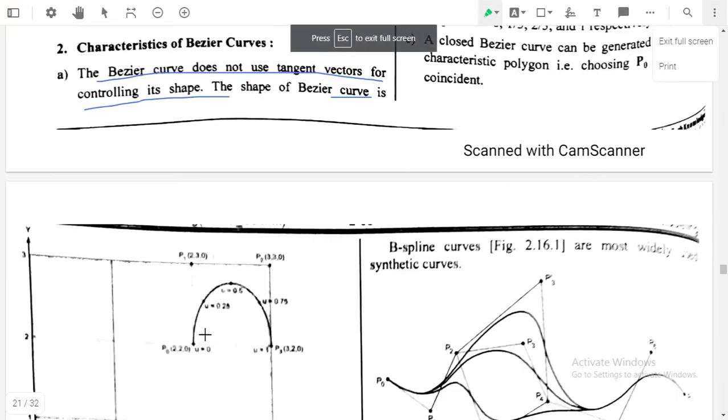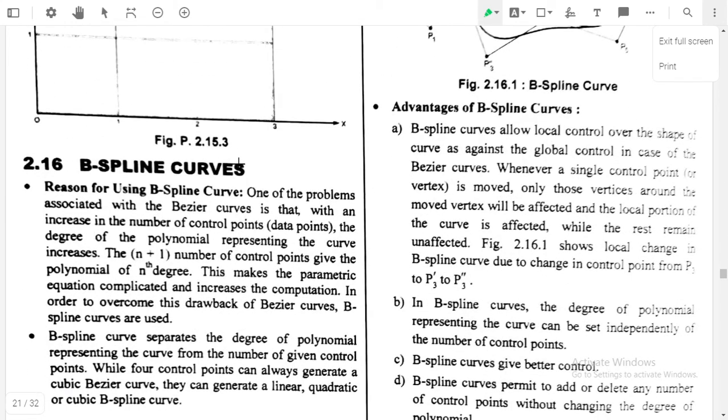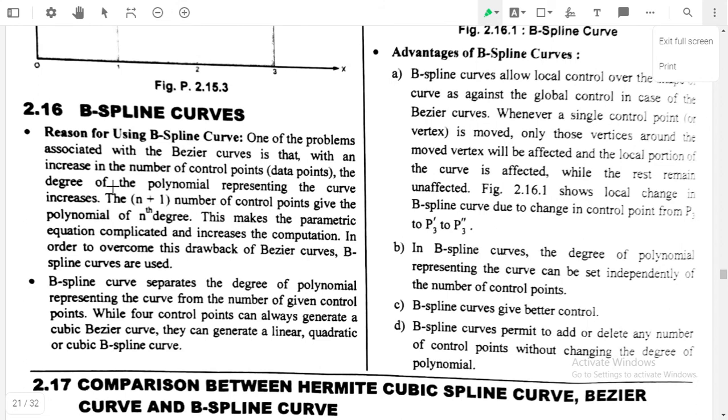So this is overall about the Bezier curve. Now there is another curve called the B-spline curve. There is a need to use a B-spline curve because one problem associated with the Bezier curve is that as we increase the number of control points, the degree of the polynomial representing the curve increases.